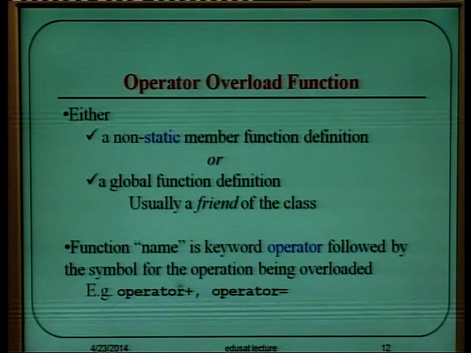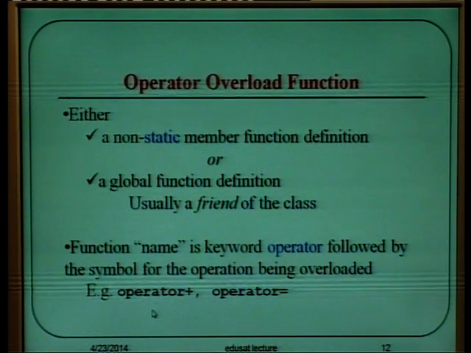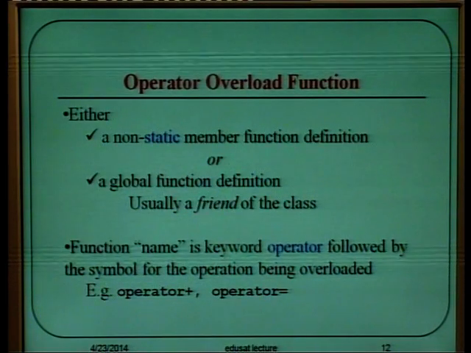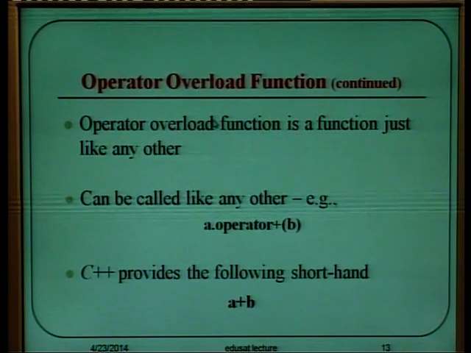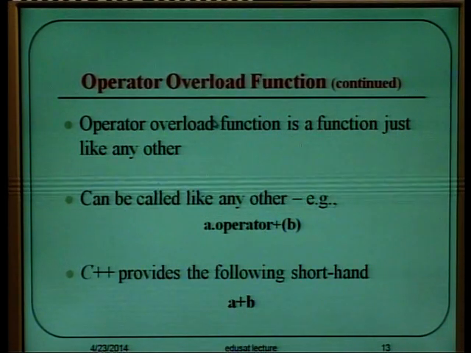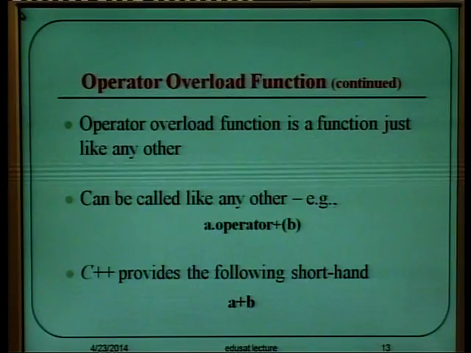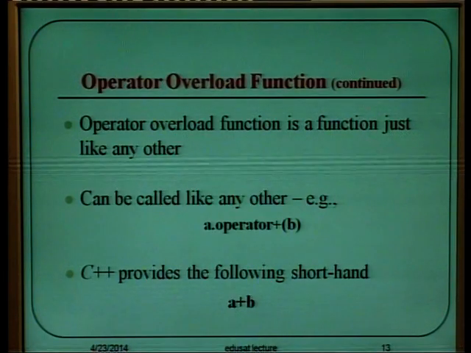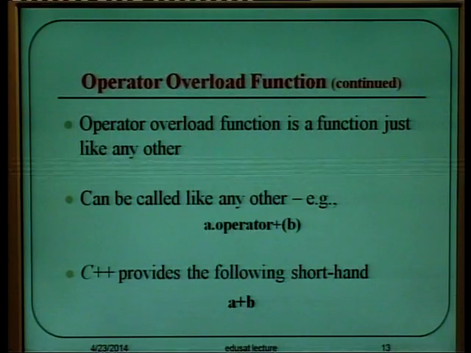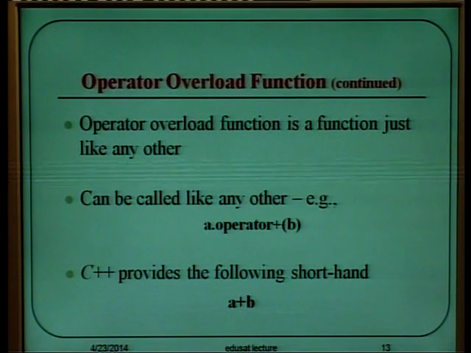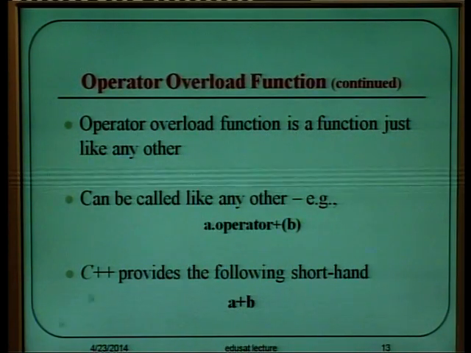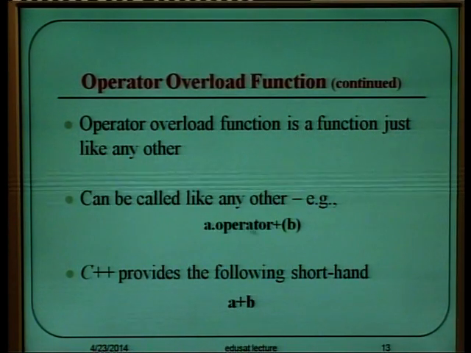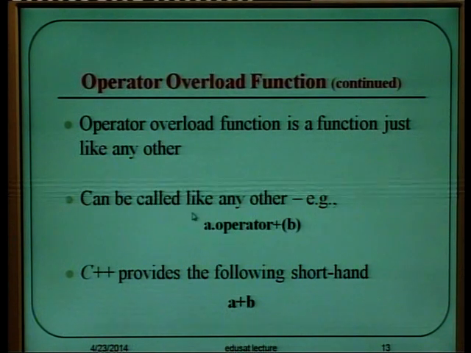Before that we have to place the keyword named operator. An operator overload function is a function just like any other function. It does not have a different syntax. It is defined like a simple member function, but we only have to write the operator keyword, and it can be called like any other.